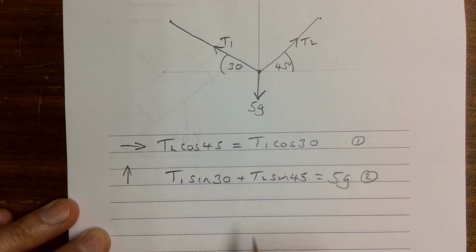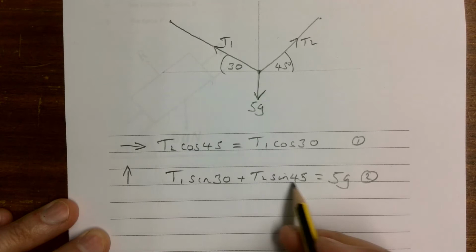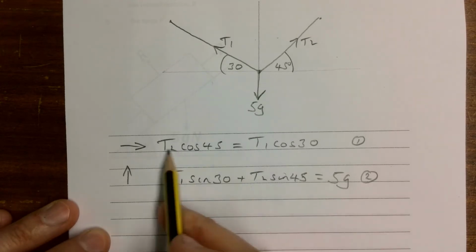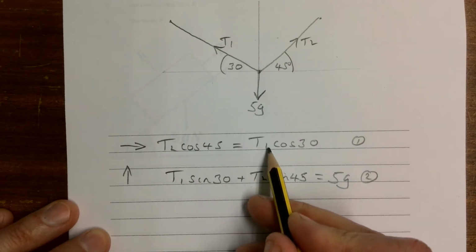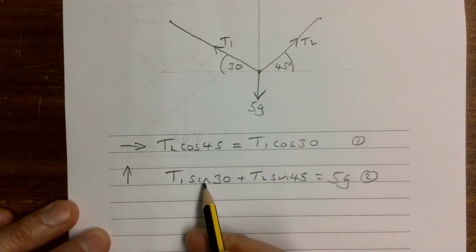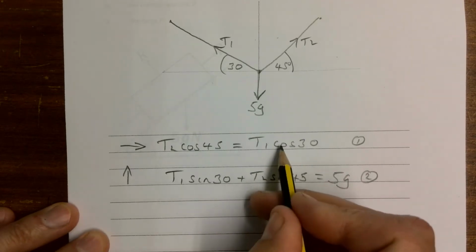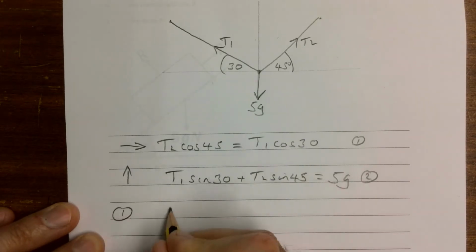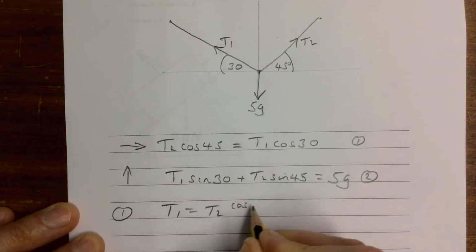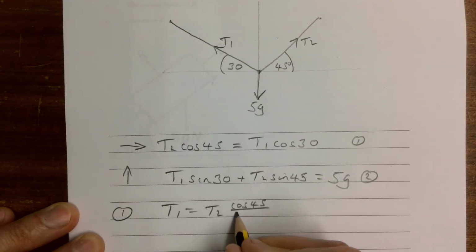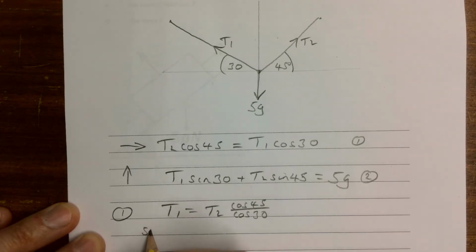We have 2 unknowns here. Sine 30 is just a number, sine 45 just a number, 5g is 5 times 9.8. That's easy, so it's T1 and T2 we need to sort out. I'm going to get the T1 on its own here by rearranging equation 1 and then subbing it into equation 2. So if I divide both sides by cos 30, 1 becomes T1 equals T2 cos 45 all over cos 30. You can have the T2 up on the top line there, that's fine, it's one and the same thing. And I'm now going to sub into 2.